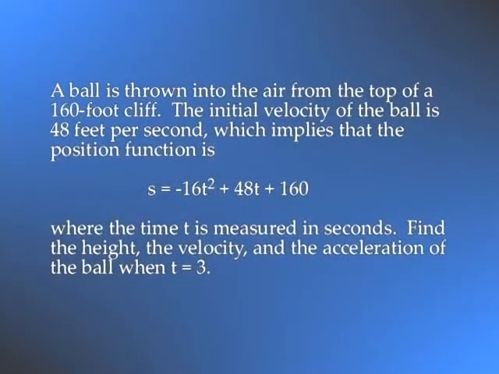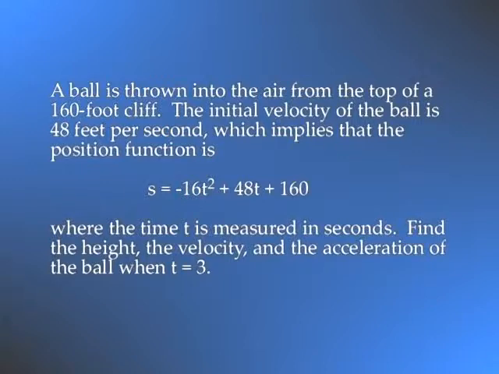Here's a problem involving the relationship between position, velocity, and acceleration. It says a ball is thrown into the air from the top of a 160-foot cliff. The initial velocity of the ball is 48 feet per second. Now, since 48 is positive, it means that the ball is being thrown upward. Now this implies that the position function is given here.